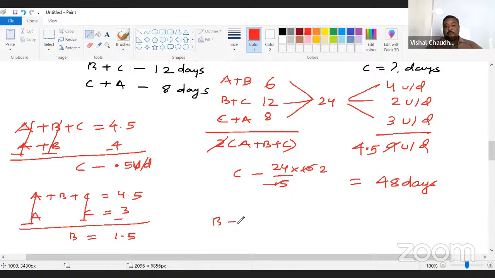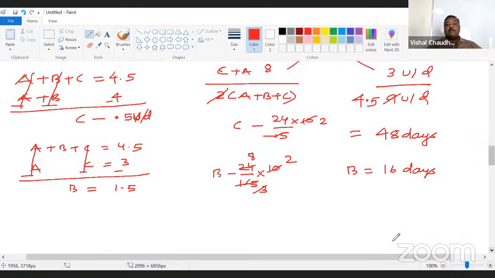So B will do in how many days? So it is 24 divided by 1.5. Let's clear it out. This is your 3, this is your 2, this is your 8. So B will complete it in 16 days.